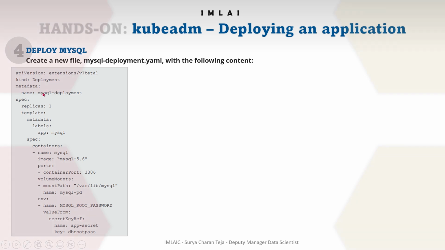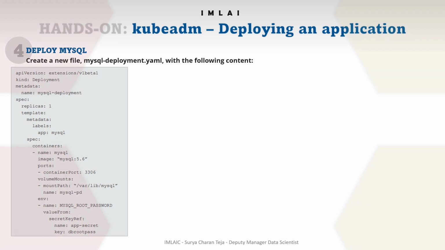The name of this deployment is mysql-deployment, replicas: we want one replica, one pod, and then the template. The app name is mysql, and inside that the image is mysql:5.6. The container port is 3306, and volumeMounts is the mount path where MySQL lives inside the container, and this volume mount name is mysql-pod. Then for the environment variable, I have to give the MySQL root password, or else the database will not be initialized.